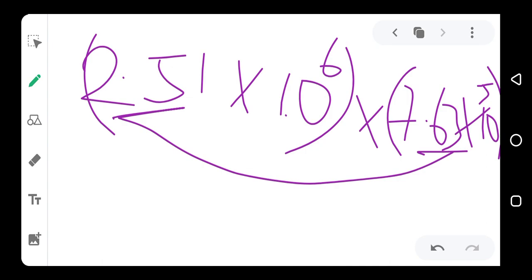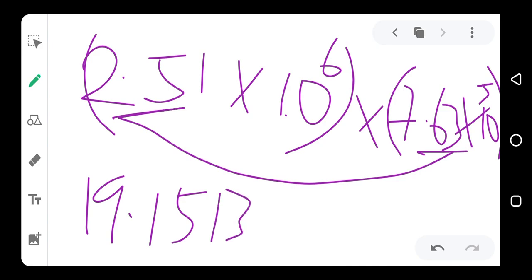So 2.51 times 7.63 is going to give us 19.1513.